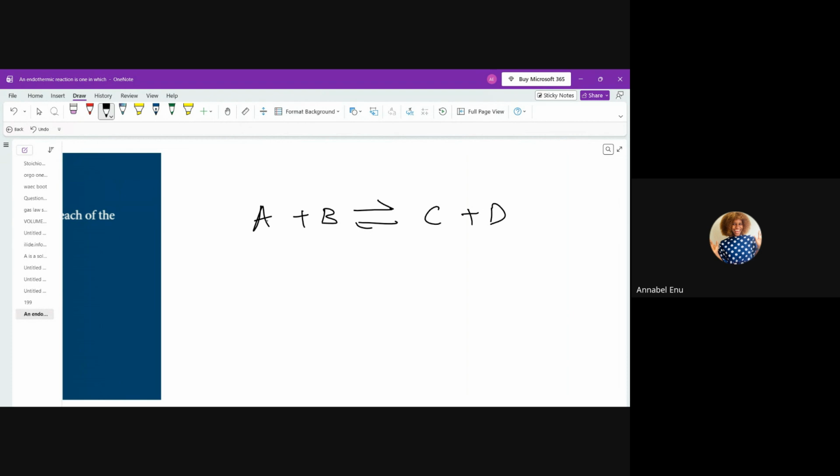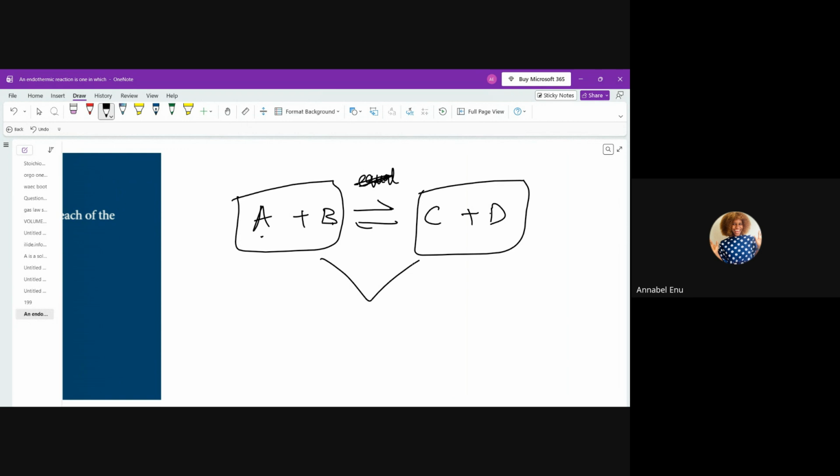They're trying to say that in a closed system, the rate of A plus B forming C plus D is equal to the rate of C plus D forming A plus B again, reversely. So the rates are equal such that the total concentration here and that here are both constant.